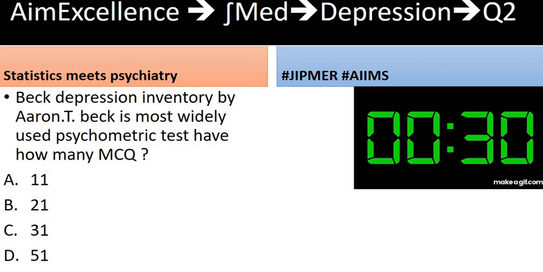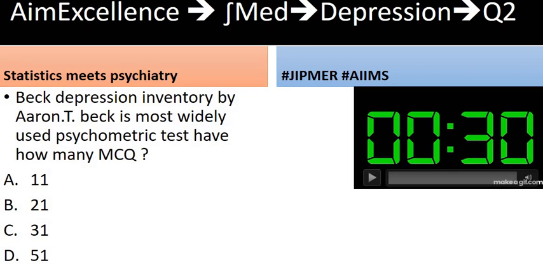It is a psychometric test where a number of MCQs are put, and for each MCQ there are categorical marks. So the Beck Depression Inventory differentiates the type of depression in patients.